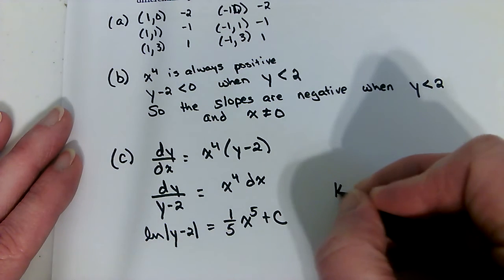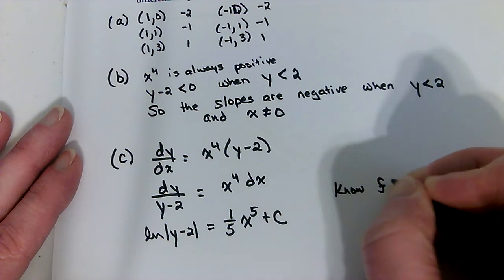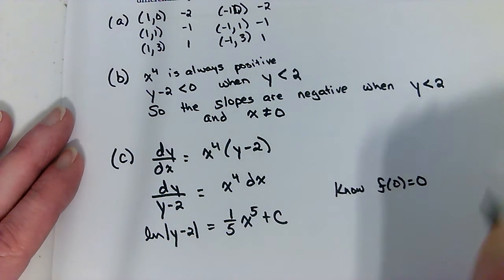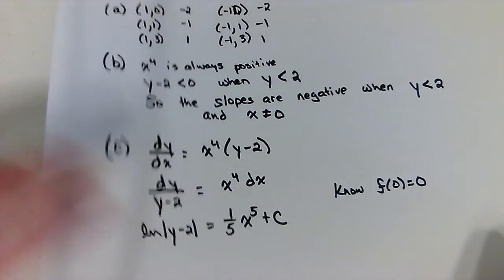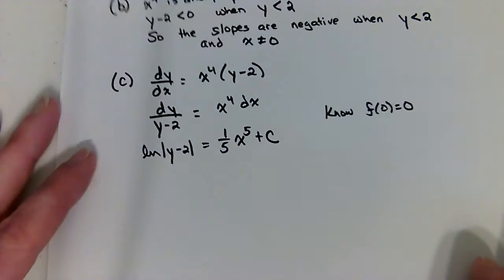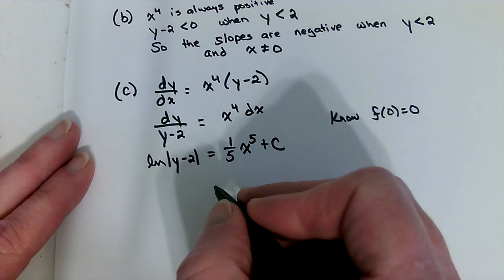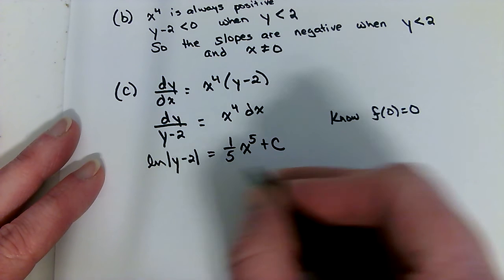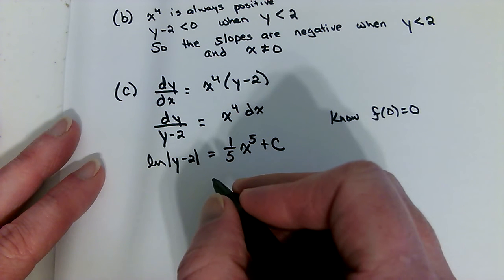Now I know f of 0 equals 0. So I need to solve this. First of all, I need to solve for y.